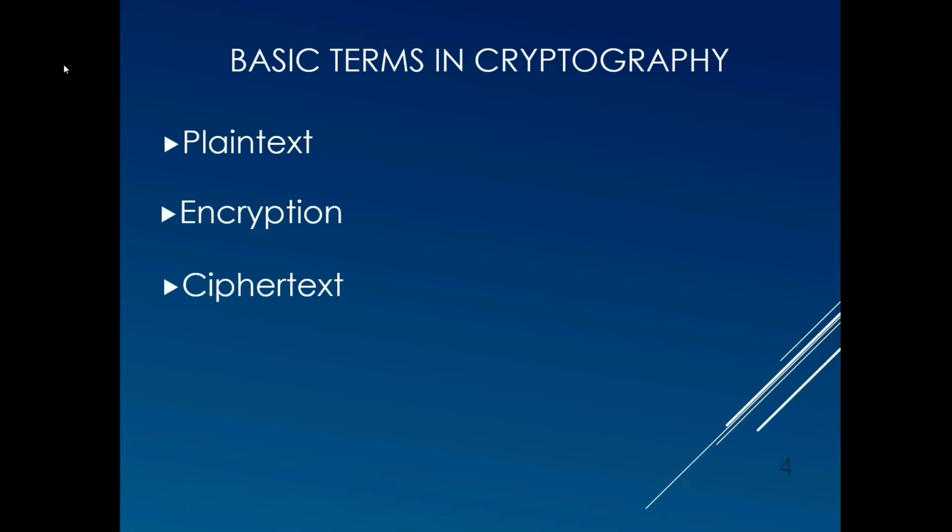The only person who can decode the message is the authorized receiver. To decode the message, we need another algorithm at the receiver end, which is called decryption. So decryption recovers the plaintext from the ciphertext using the decryption algorithm.